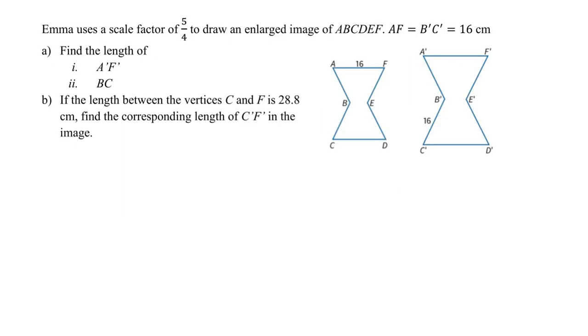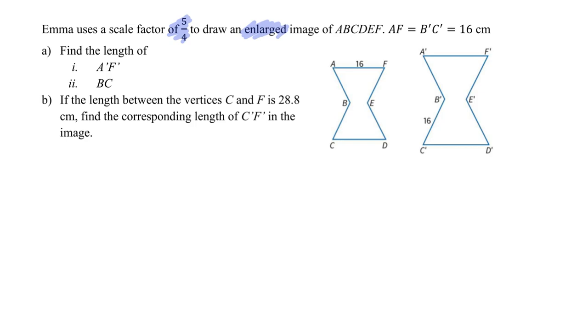Hello everyone, welcome to this video where we are given that Emma uses a scale factor of 5/4. This tells me it is indeed an enlarged image. Now that we have the scale factor, they also share with us some of the sides that is given.